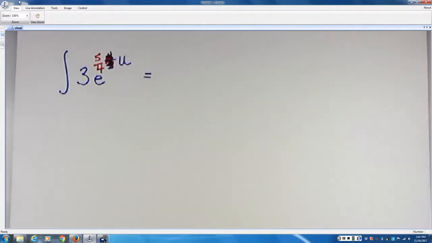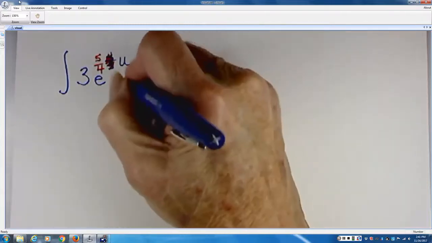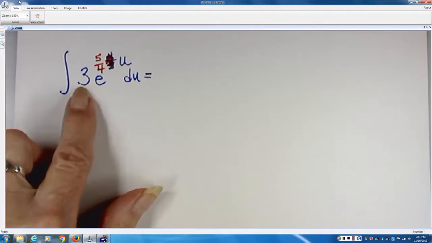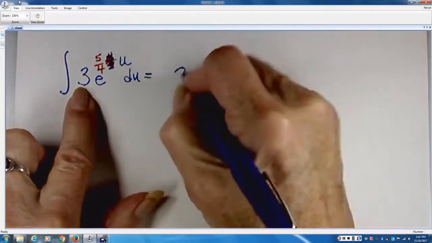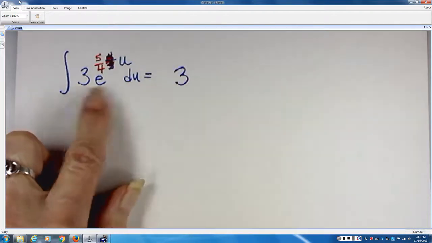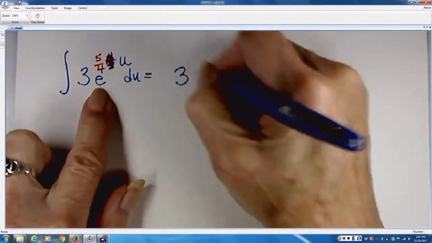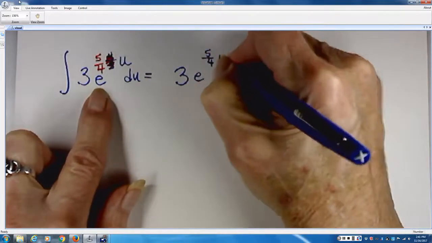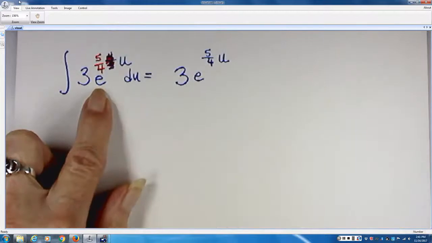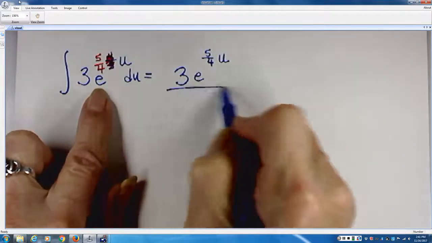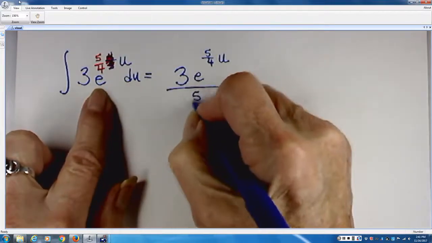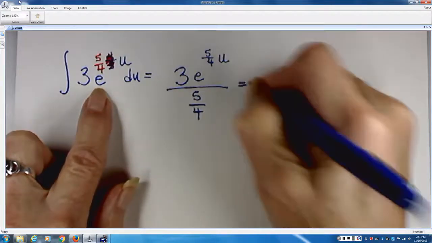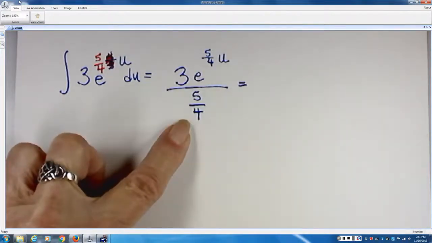So if it's e to the 5/4 u, and I forgot the du, so let me write that down, then, again, the 3 is a hitchhiker. Let it tag along. Still going to be e to the 5/4 u. So then I'm going to divide by the 5/4, which is the same thing as multiplying by 4/5.